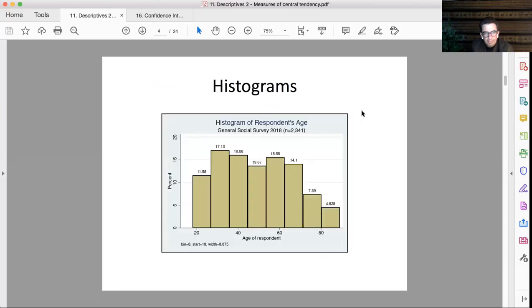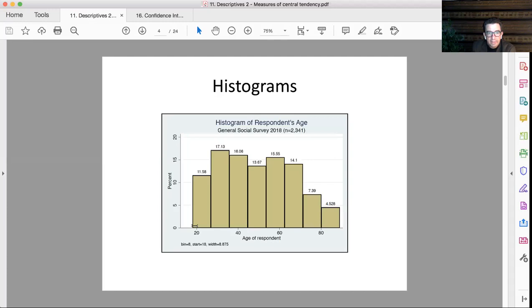This is an example of a histogram of respondents' age in the General Social Survey. I asked my computer, using special software, since Google Sheets doesn't have that, to create a histogram.